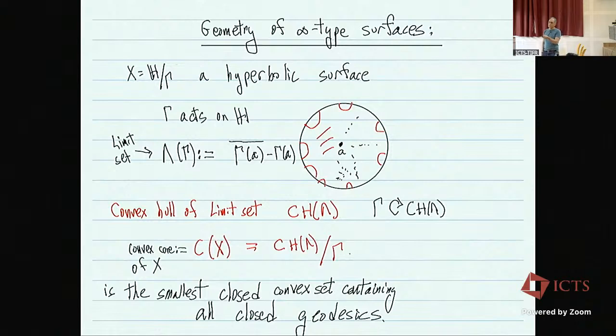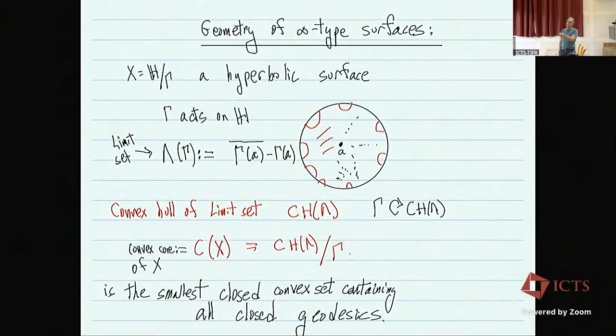And that's a closed invariant set, perfect. It's where the interesting action of the group is. And as Tengrin said yesterday, it doesn't depend on the base point. Again, that's not hard to show either.